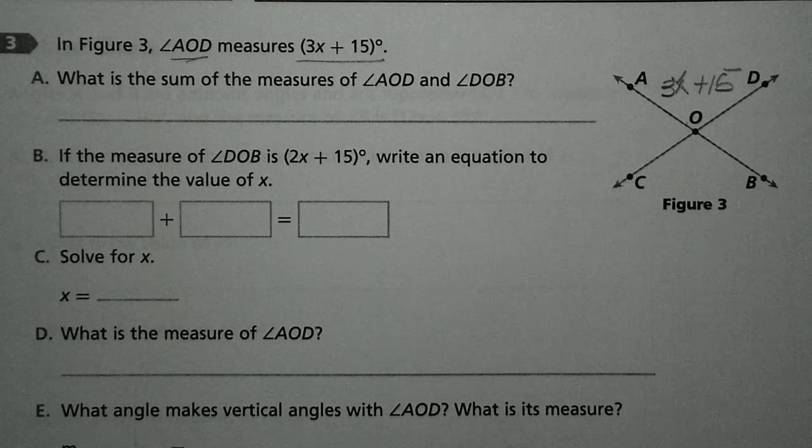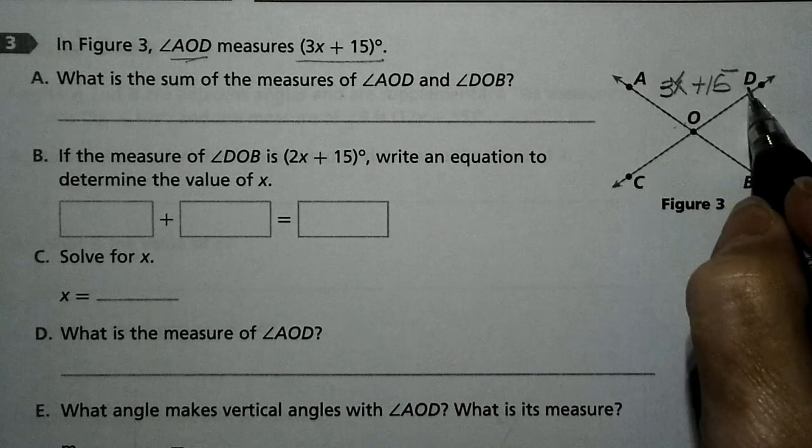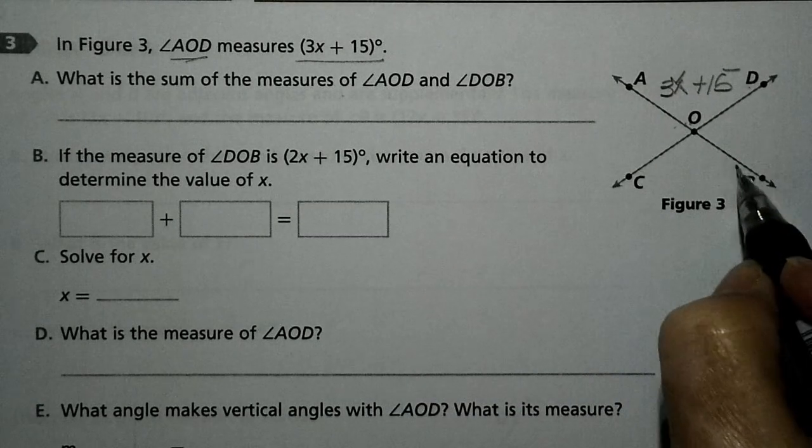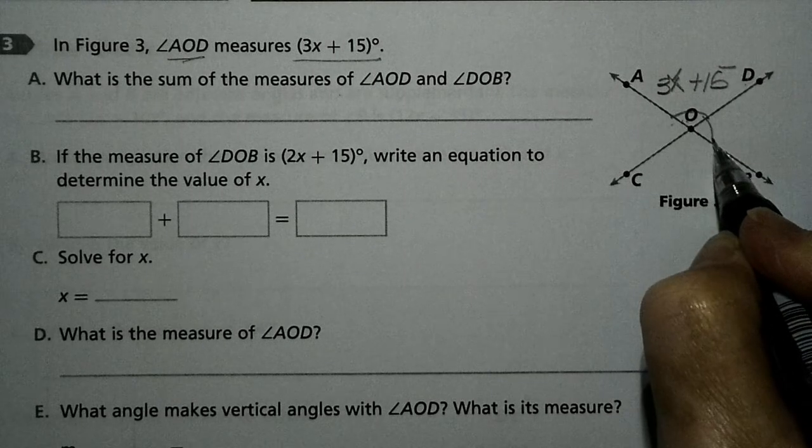Okay, and so it says what is the sum of the measure? So AOD and DOB. So this angle and this angle.